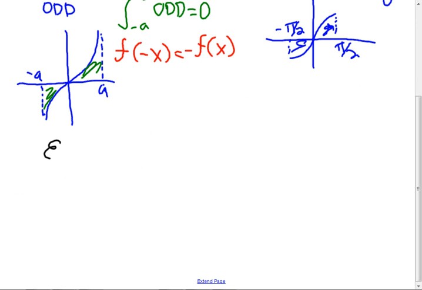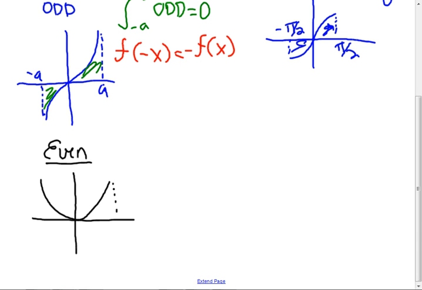Remember the even ones? Like y equals x squared. That one. And if I have f of minus x, that's equal to f of x. Sorry, I mean positive.